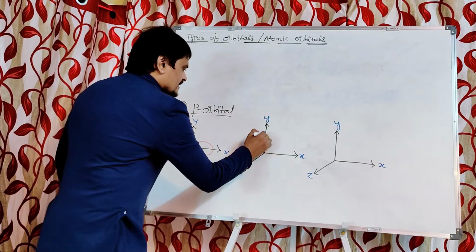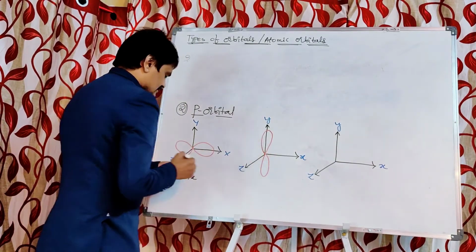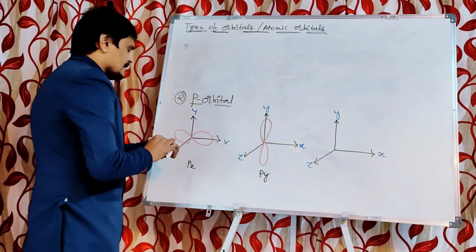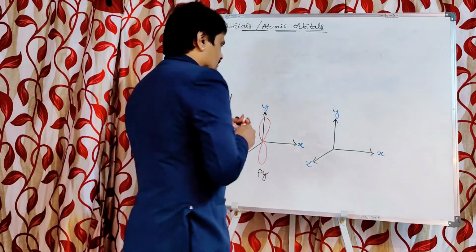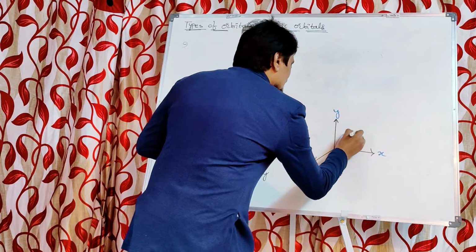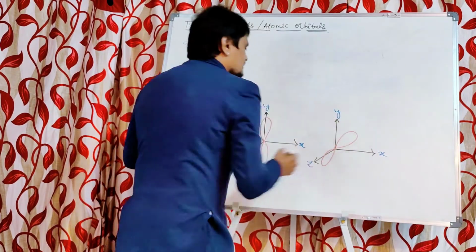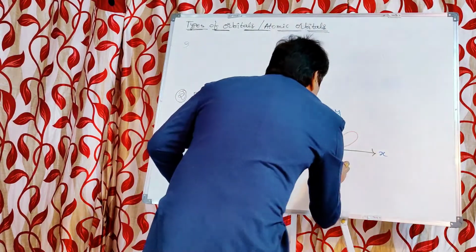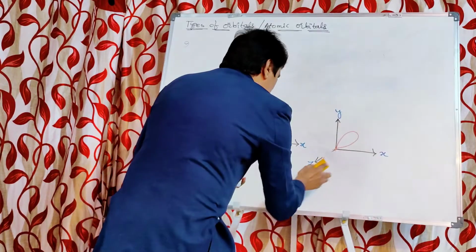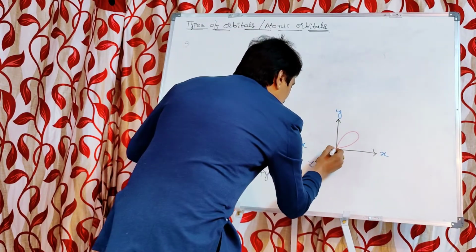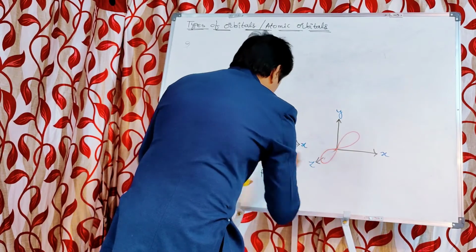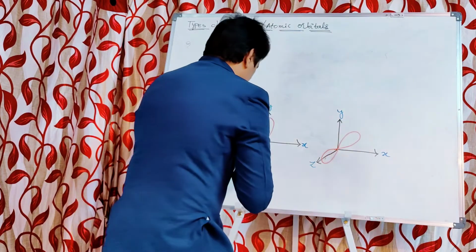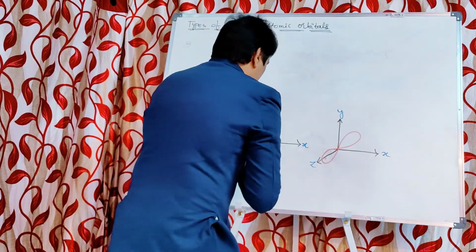If the dumbbell is located at the y-axis, then it is py. If the dumbbell is located along the z-axis, then it is pz.